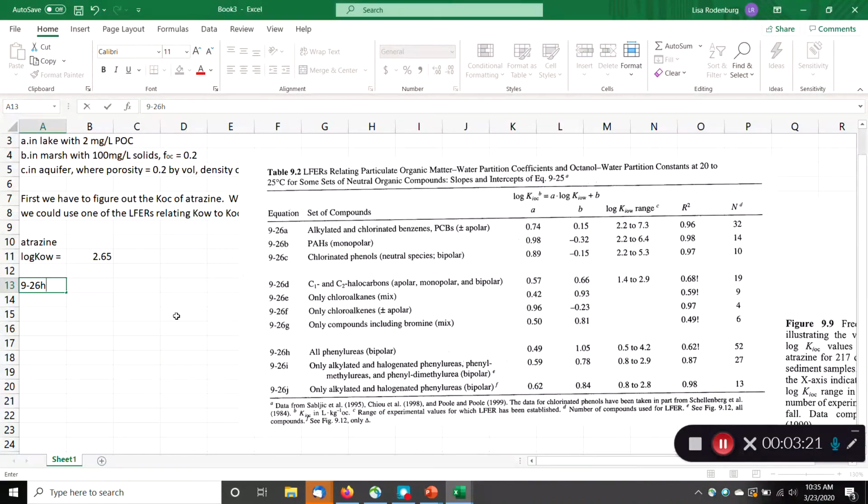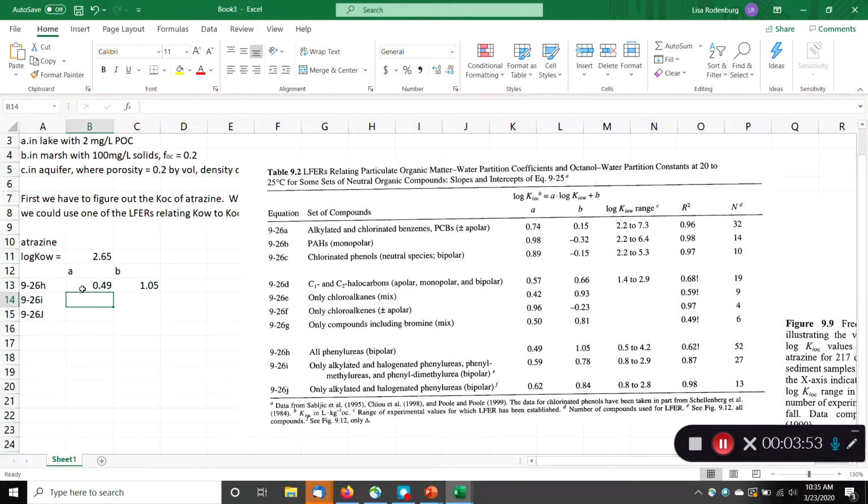But I can see how equation 9.26H would make sense. 9.26I and 9.26J might also make some sense. So we have our slope, which we're calling A, and our intercept, which we're calling B. So for the first equation, A is 0.49 and the intercept is 1.05.